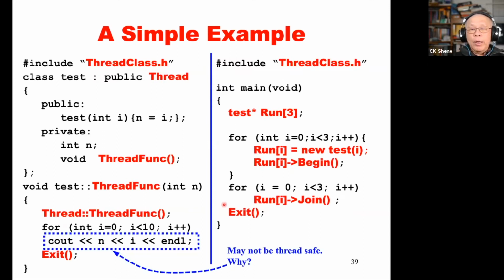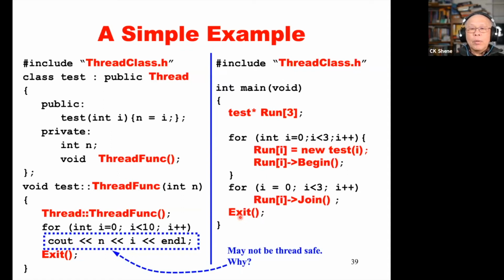So in this way, if we finish the second for loop, we are sure all three child threads have completed the job. So the main program calls uppercase exit to indicate to the visualization system that the main program is done, so that the visualization system can clean up everything, pack up, and terminate.